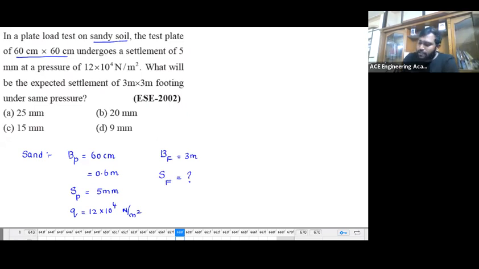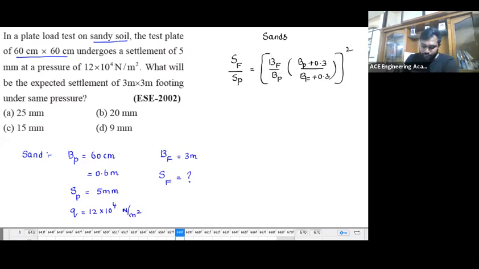So you know that in the case of sands, SF by SP is equal to BF by BP into (BP plus 0.3) by (BF plus 0.3) whole square. So if you solve this, SF by SP. What is SP? 5 mm.